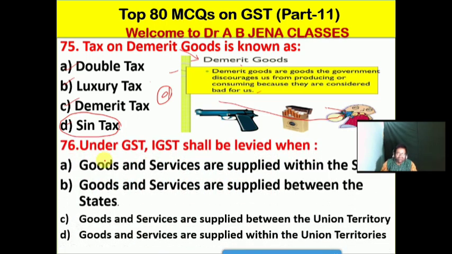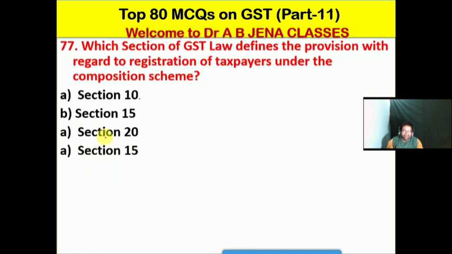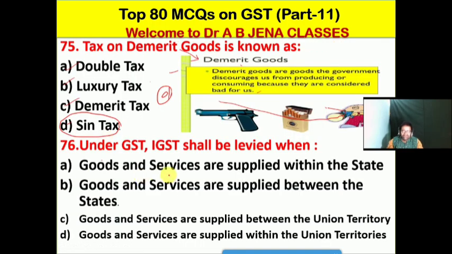So next one हम देखेंगे, under GST, IGST shall be levied when: A) goods and services are supplied within state, B) goods and services are supplied between the states, C) goods and services are supplied between the union territories, D) goods and services are supplied within the union territories.